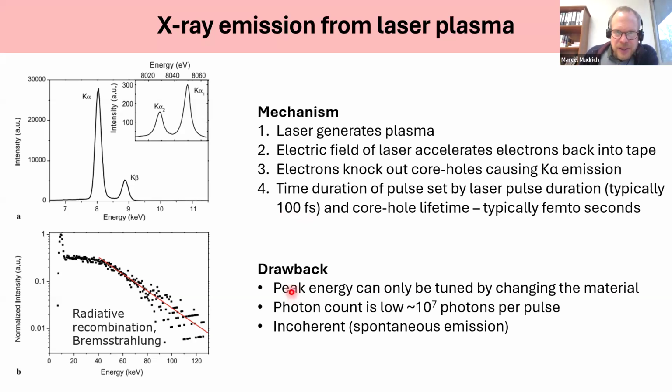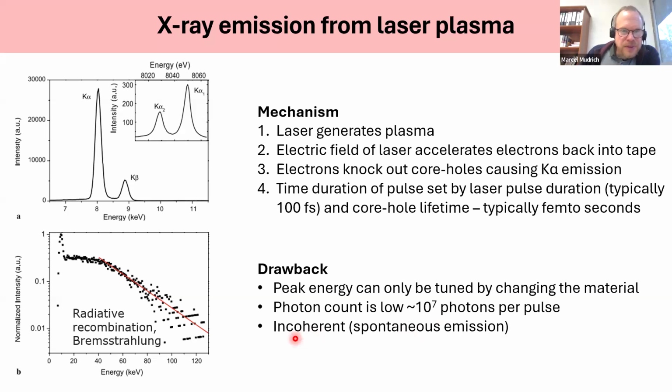Drawbacks are that the photon energy is essentially determined by the material. We cannot really tune the light. Photon counts, so the intensity is rather low. We're talking about 10^7 photons per pulse, roughly. And the whole process relies on spontaneous emission, so it's completely incoherent.